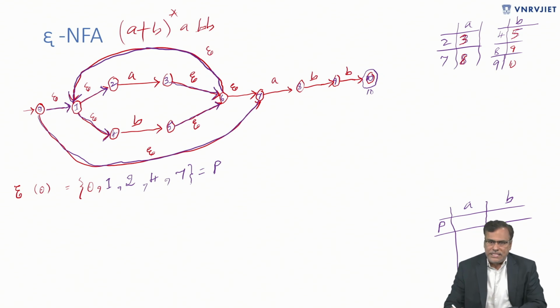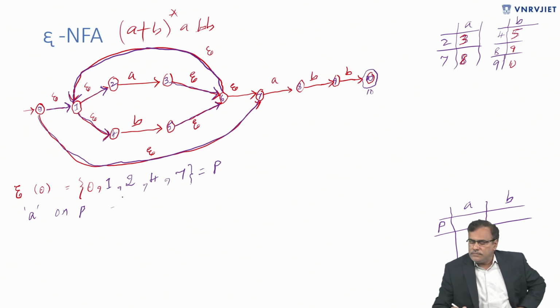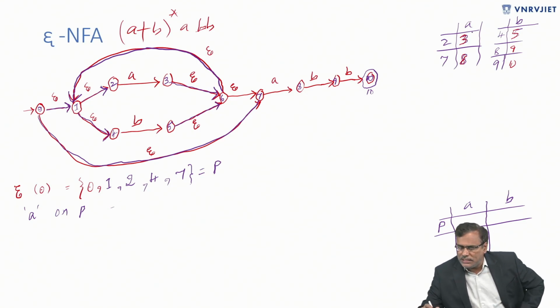After finding the epsilon closure of a state, what you are supposed to do is find A as input on the epsilon closure of 0, which we are calling P. A as input on P means: which states have A as input? 2 and 7.